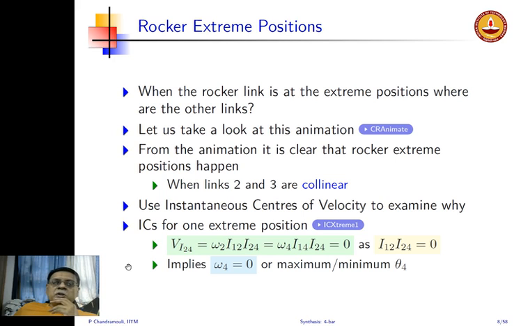Going back to simple calculus, omega 4 is d theta 4 by dt. If d theta 4 by dt is 0, I am at an extremum. So theta 4 is at an extremum, which could be a minimum or a maximum. So I hope you are convinced that omega 4 is 0 at this configuration, which is why the rocker is at one extreme.